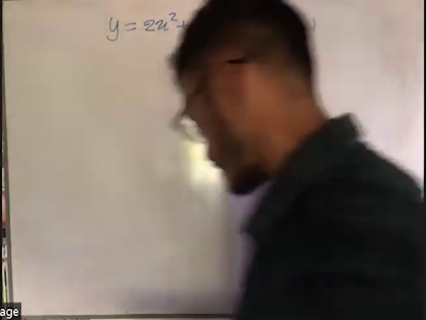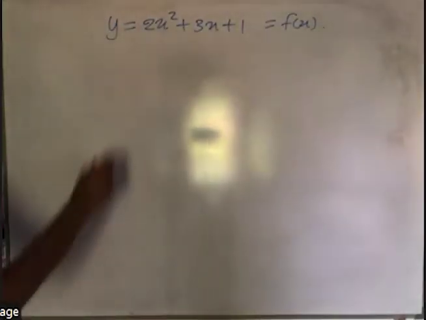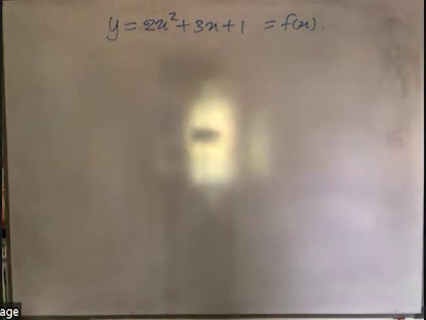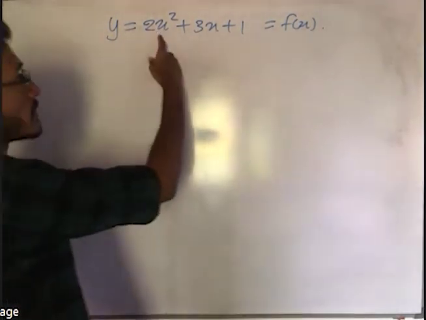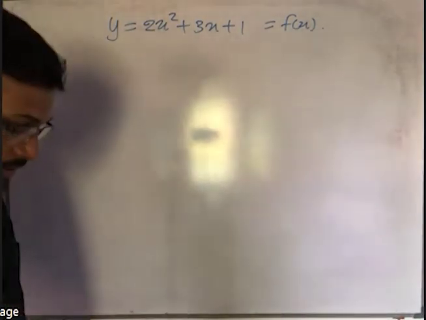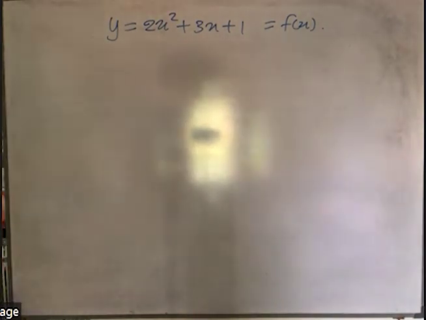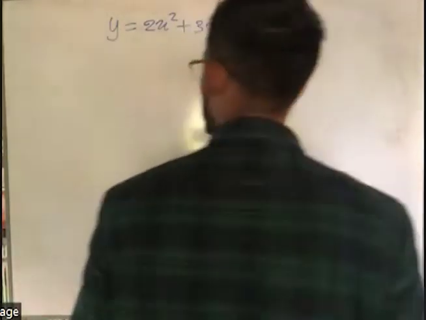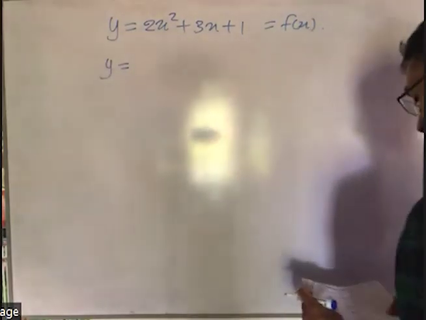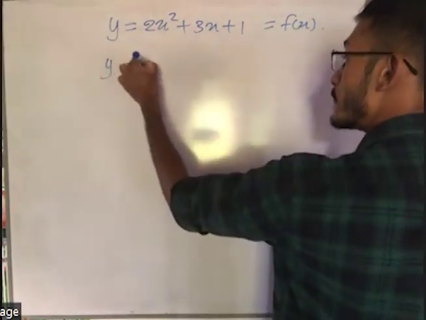But if you look at this, the coefficient of x square term is 2, not +1. So we have to change the coefficient to +1. So I'm going to separate 2 from this function.